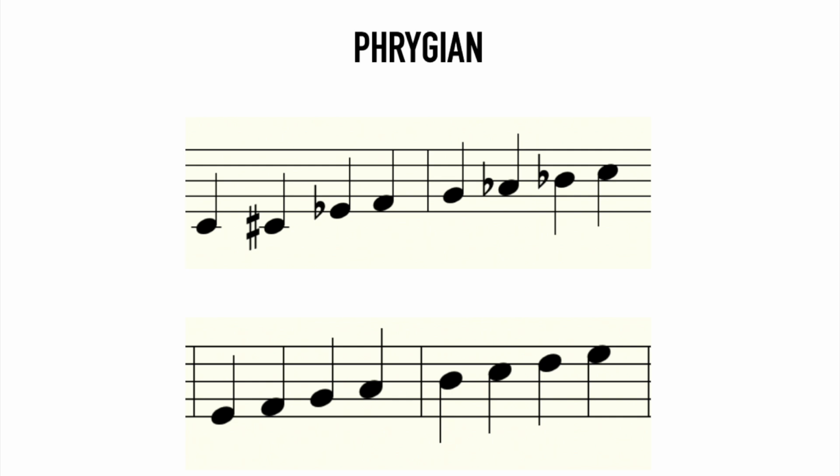Next we have Phrygian, which includes a flat 2, a flat 3, a flat 6, and a flat 7. Or we could think of it as playing the notes of C major again, but this time go up 1 and start on E for the notes E, F, G, A, B, C, D, back to E. So here's C Phrygian. And now E Phrygian.